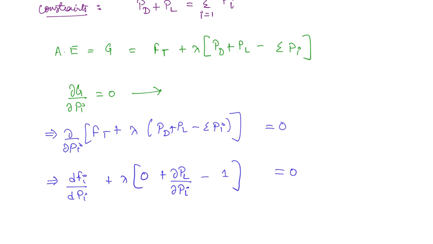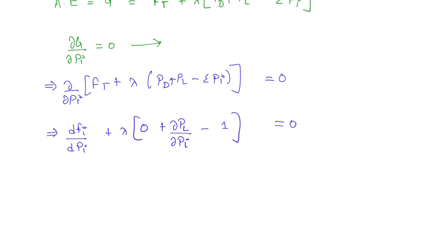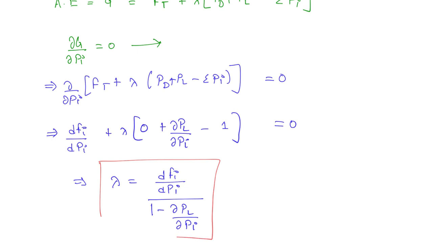This is equal to 0. So finally you are going to get lambda is equal to dFi by dPi divided by 1 minus dou PL by dou Pi. So this is the condition for optimal operation.